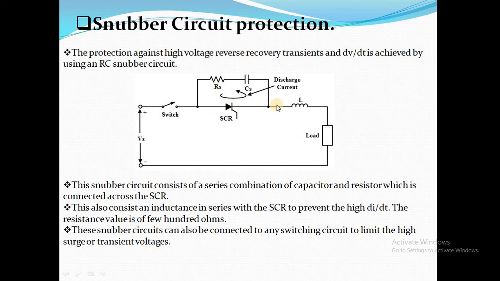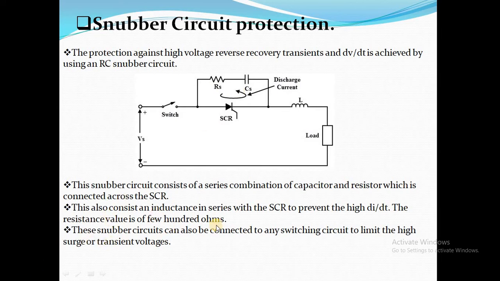Normally this is the circuit in which the load gets a supply through the SCR, and this SCR is protected by the snubber circuit, a series combination of resistor and capacitor connected in parallel with the SCR.